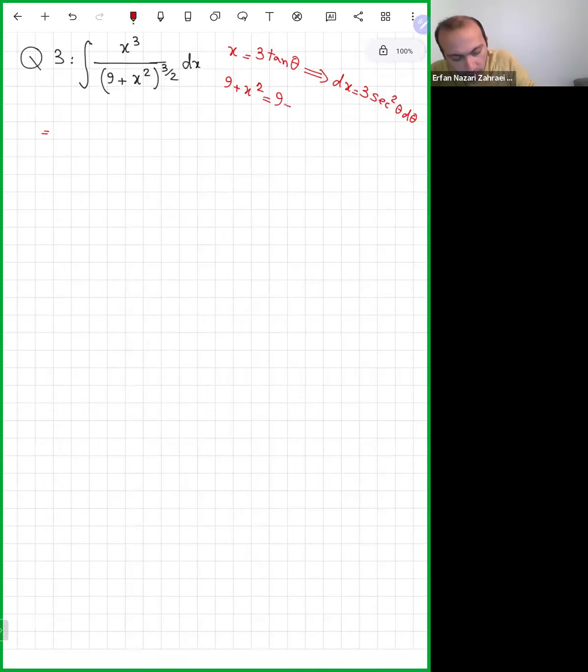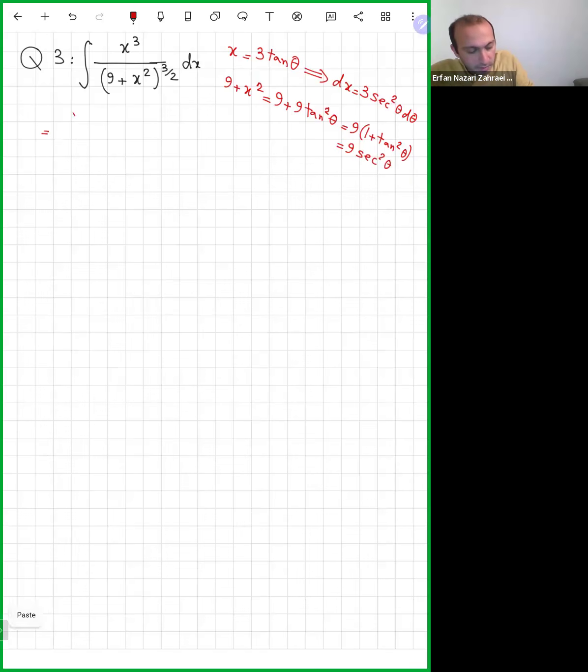So it's 9 plus 9 tangent squared theta. X is 3 tan theta, so x squared is 9 tangent squared. Factoring 9 out of it, and noting that 1 plus tangent squared is secant squared, I will get this.